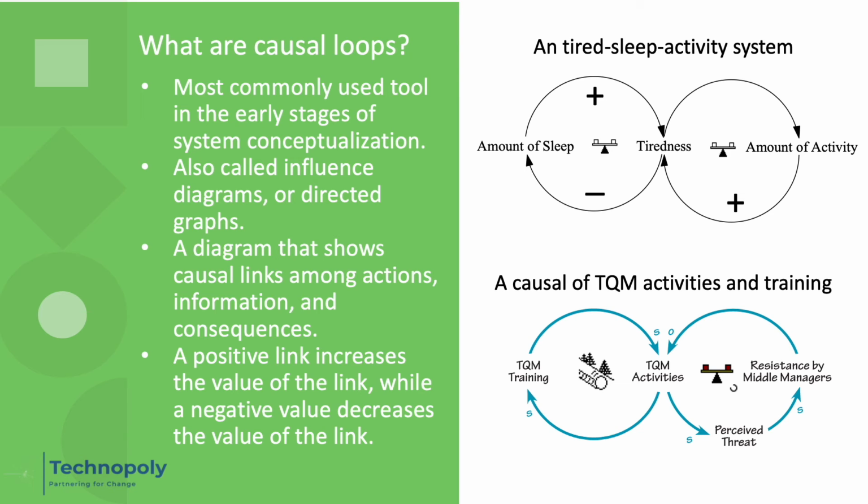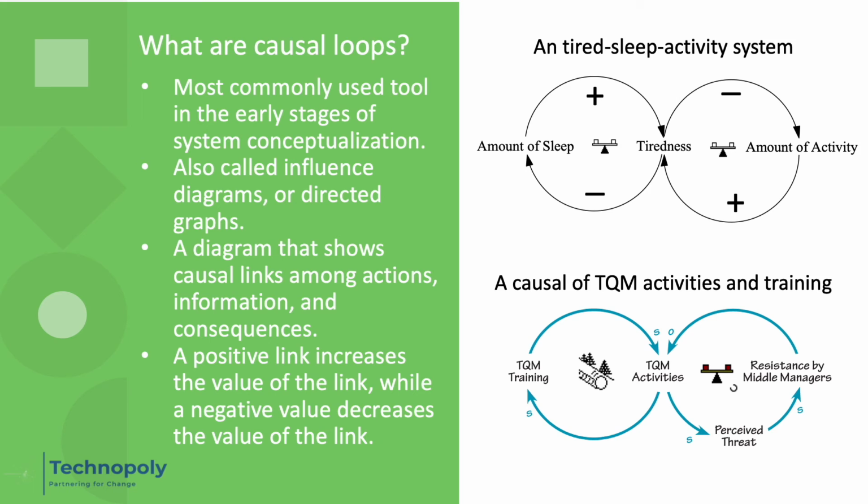So as more TQM training is done, there are more TQM activities, and the more trainings are done. However, as more TQM activities are done, there can be a perceived threat, and the threat can lead to more resistance by middle managers, and the threat or the resistance can lead to fewer TQM activities.